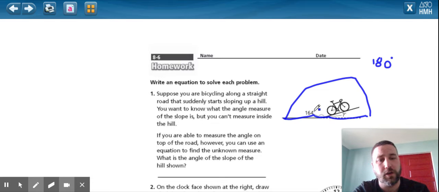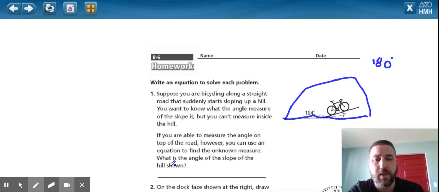So it would be 164 plus that mystery angle is 180. So we're just going to go backwards, right? Our equation is going to be the full 180, and I want to take away what I do know, the 164. When I do that, I'm going to be left with what I want. Now, to make an equation, we have to use a letter from algebra.